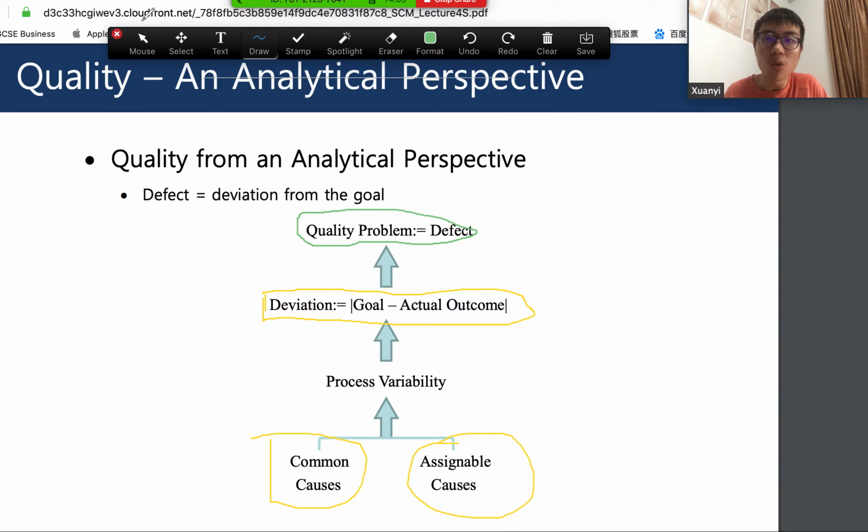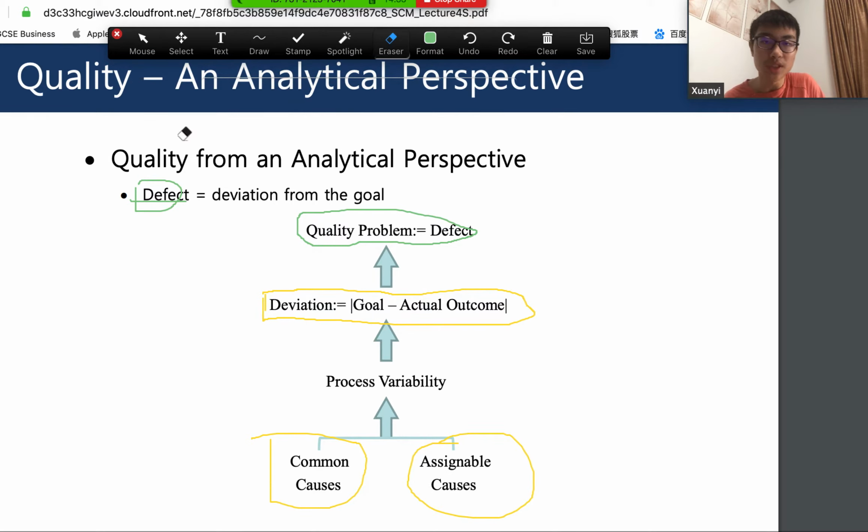So just now, when I went through the difference between the goal and outcome, that is basically a deviation, and the defect is basically the deviation on the goal. How significant is this problem? Whether the gap is higher than our tolerance level. Even if it's higher than our tolerance level, how much higher is it? That's the way we can measure our defect.